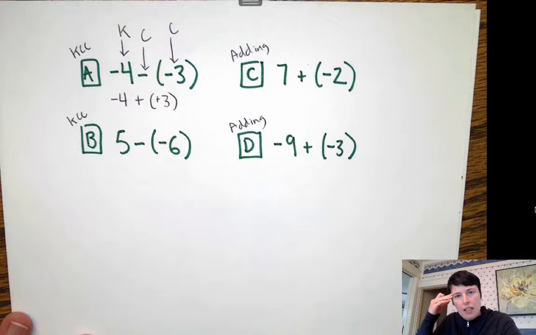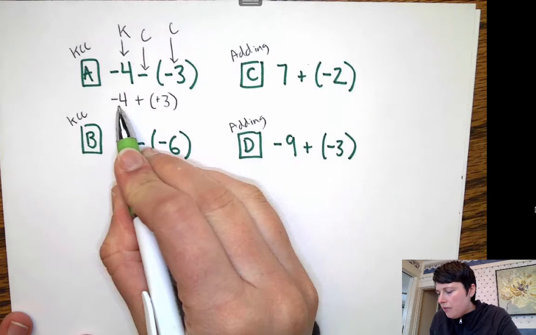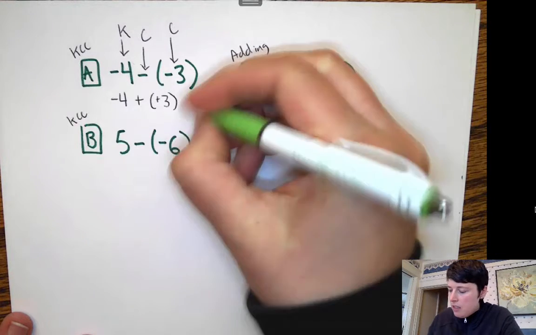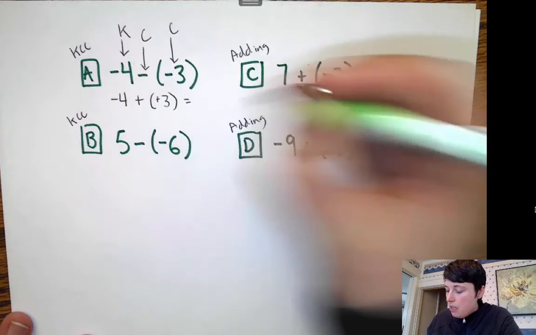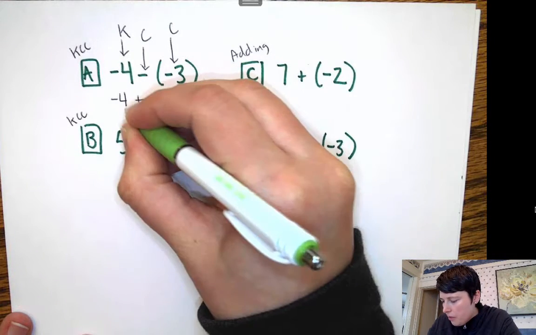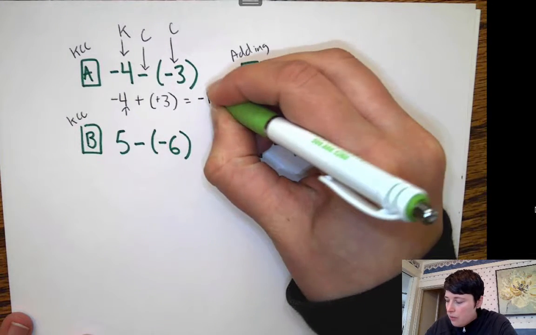Same signs, add and keep. Different signs, subtract. Same signs, well, these are not the same signs. This is -4 and a +3. These are different signs. And the rule says different signs, subtract. So 4 take away 3 is 1. Now the biggest number between 4 and 3 is the 4. And it's negative, so my answer is -1.